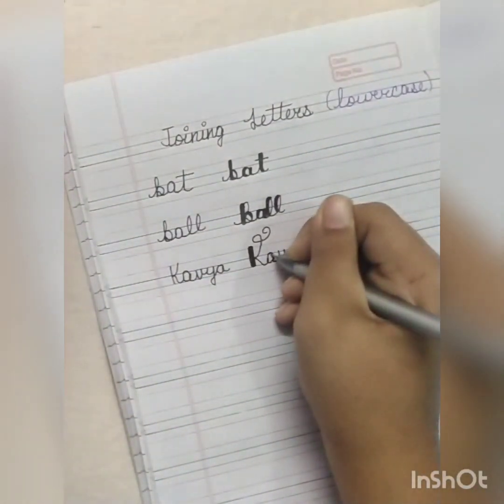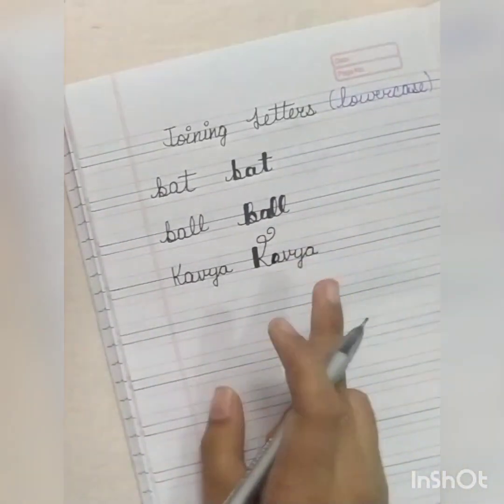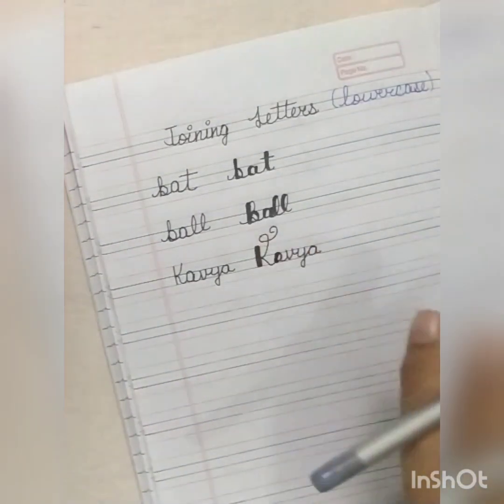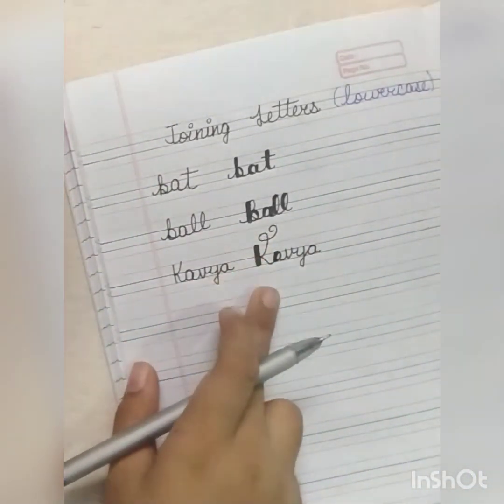Then A. As we have already learned, in K we can choose any one stroke and make it a downstroke. If we make the whole letter thick, the letter will look messy. So I have chosen this line.